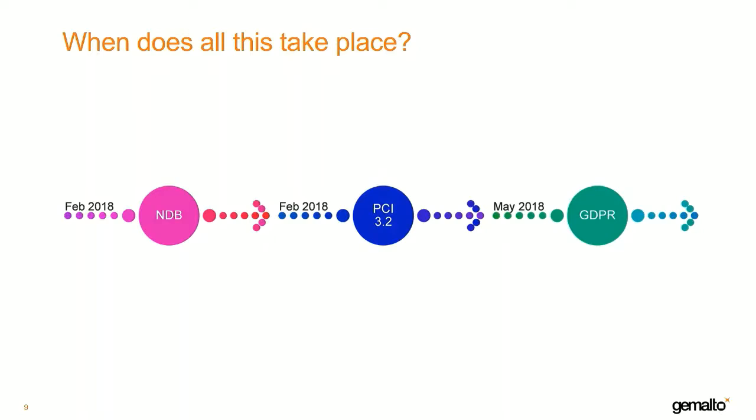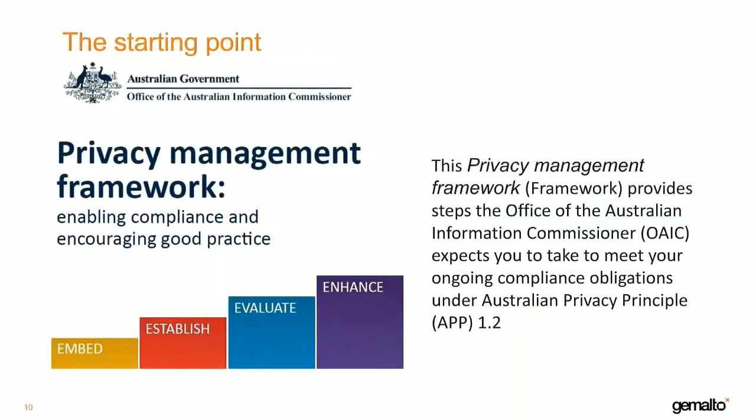It has quite wide-ranging implications, mainly for Europe, but also for any organization that controls or processes information on European citizens outside of the EU. And I'm sure that Jean-Pierre will be able to cover a little bit of that later on when he goes through the case study that we've got.